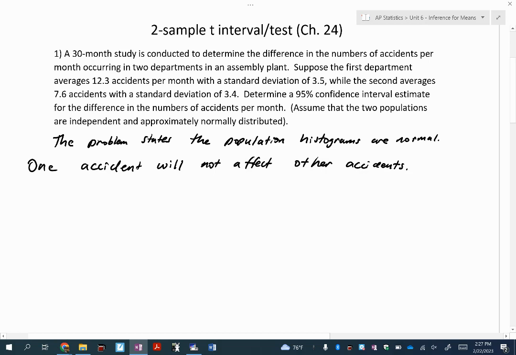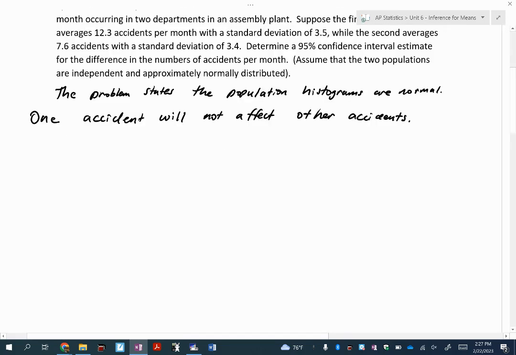All right, now we've got two departments here. We've got Department 1 and Department 2 at an assembly plant. So now we also have to assume that if an accident happens in that department, is it going to affect this one? No. So we have to assume. That's called the independent groups assumption. All right, that is something I will be checking for tomorrow.